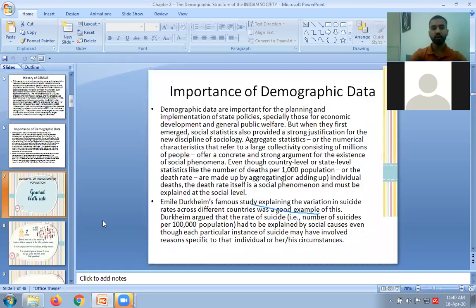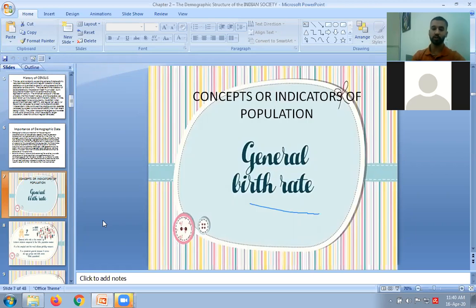So we're going to start with the crude birth rate. Now what is the crude birth rate, right? Crude birth rate is related to live births. Now when I say live birth, it means the children that survive after their birth are called live births.